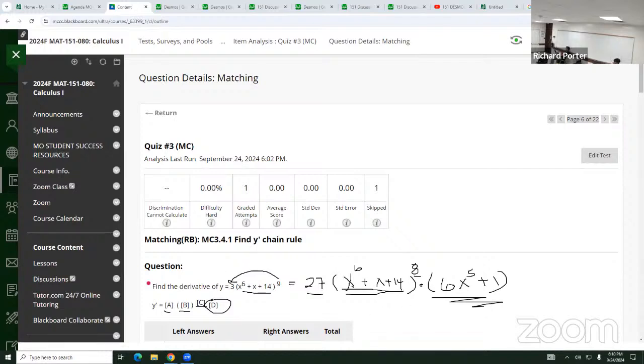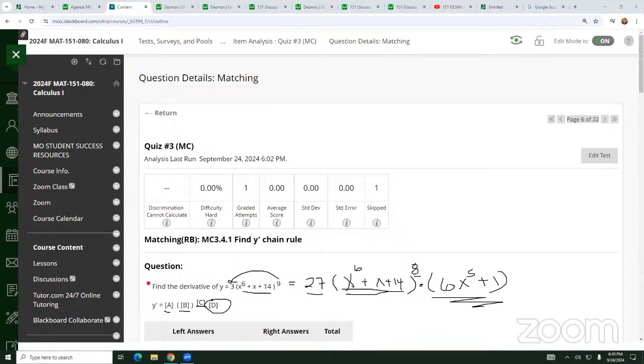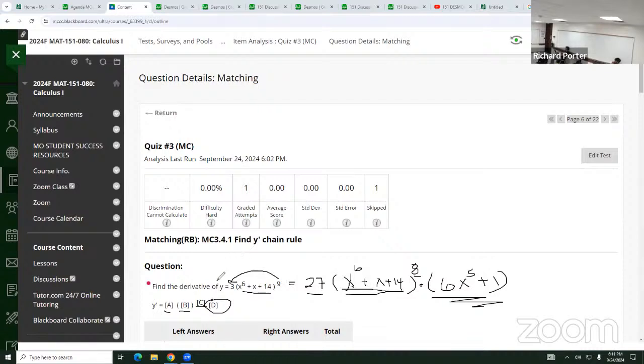Wait, how did you get the 8? Sorry. I subtract the power. The power rule says bring the 9 down and take 1 from it. So this is 9 minus 1. The power rule says you bring the n down, so it becomes nx to the n minus 1. Since there was a 3 already there, it's going to be 3 times n.